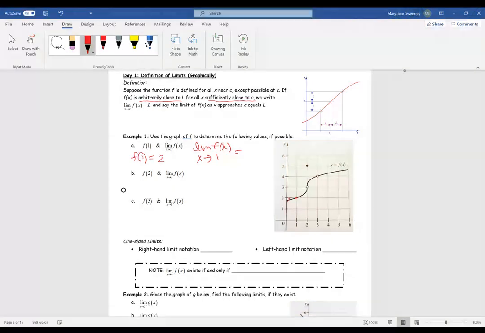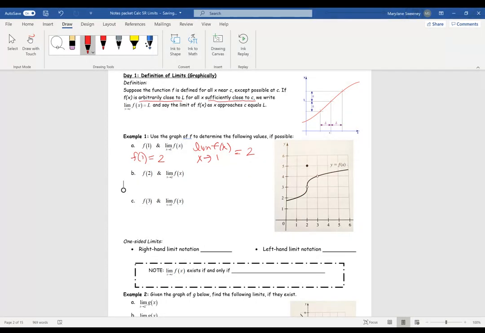So as I approach 1 from the left, moving right, or from the right moving left, either way my y's are approaching 2 as x approaches 1. So there the f of 1 and the limit of f of x as x approaches 1 happen to be the same.